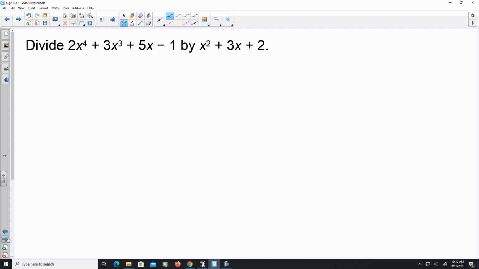There are two things that have to happen before we get started. One is it has to be in standard form, both the dividend and divisor. The next thing we have to take into account is, are there any missing terms?